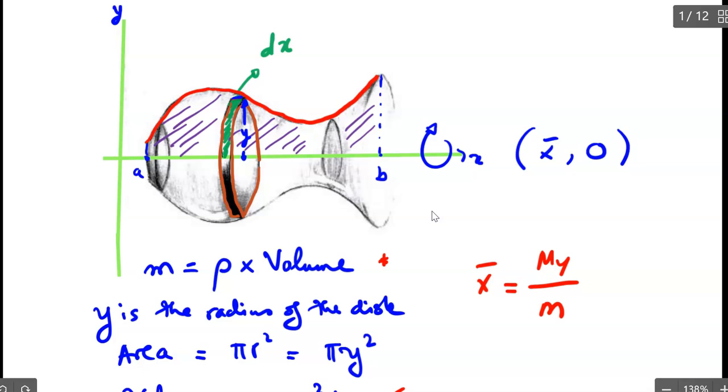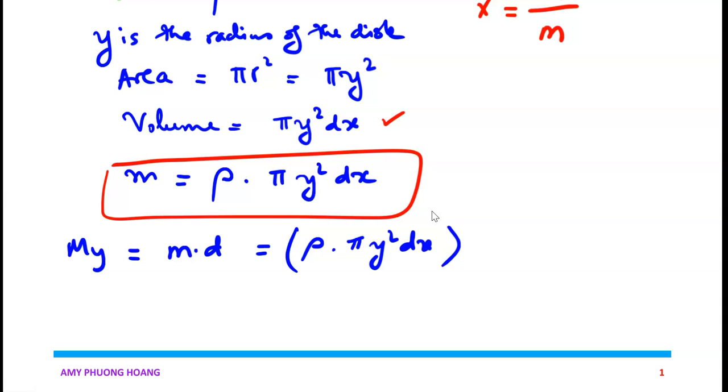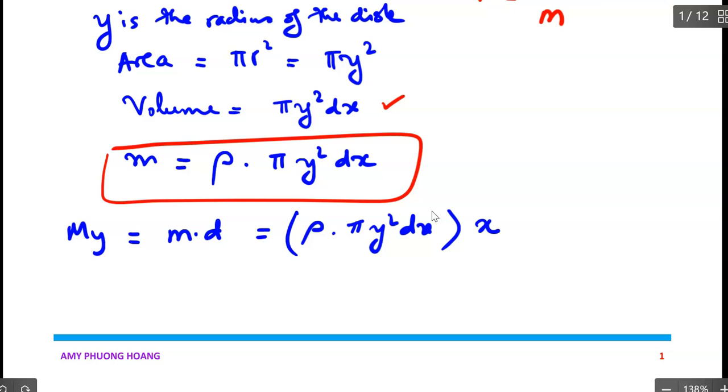I'm going to identify the distance for everyone, from here to this mass, and this distance I'm talking about is identified as x. So that means I will multiply by the distance, which is x in this case.